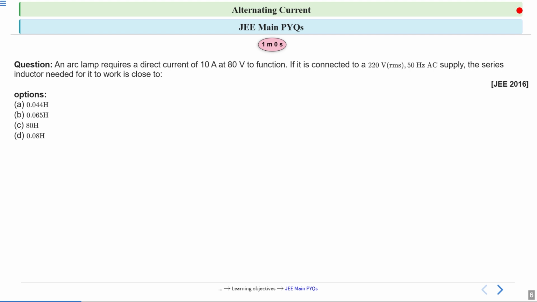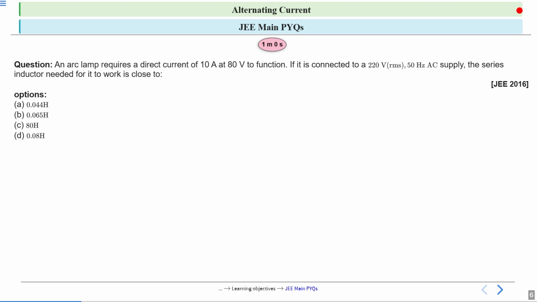So we have to flow the same amount of current through the circuit, 10 ampere in the case of direct current, and I RMS should also be 10 ampere. We will divide the voltage among the resistor and a series inductor, so that only 80 volt RMS is across the bulb.